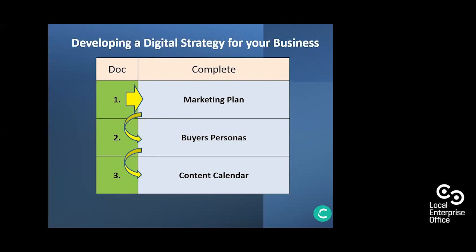The second is around buyer personas or your customer segmentation. And the third is an editorial calendar for your digital content. Broadly speaking, if you have these 3 documents, either virtually or physically in-house, you have a digital marketing strategy, a digital marketing plan.